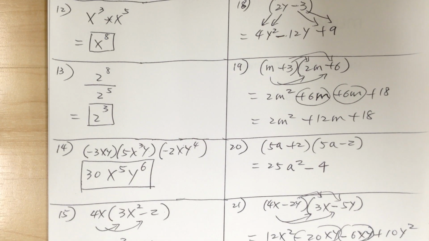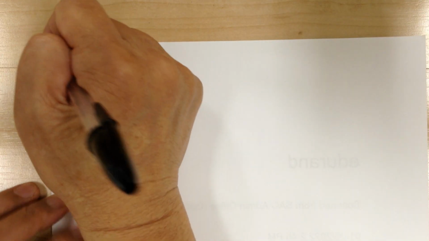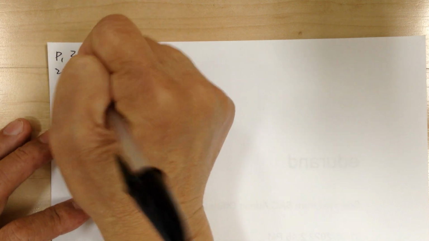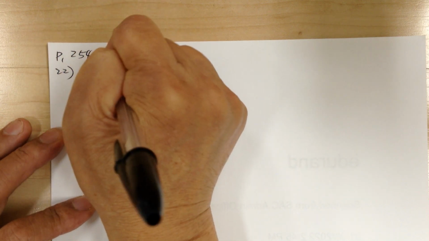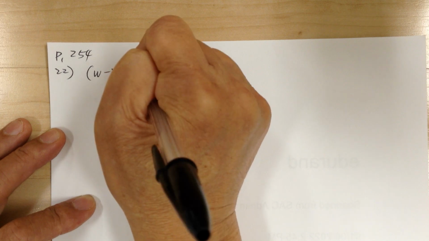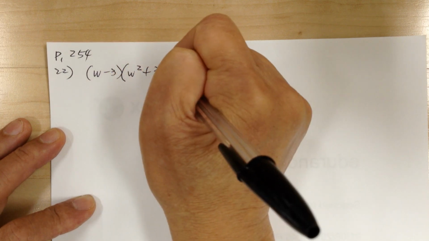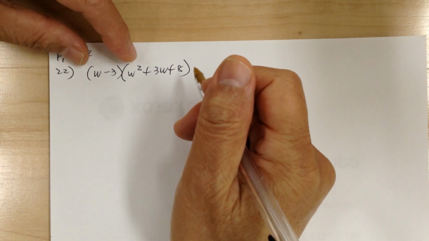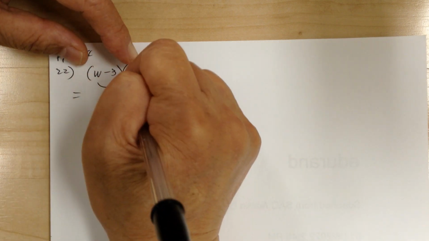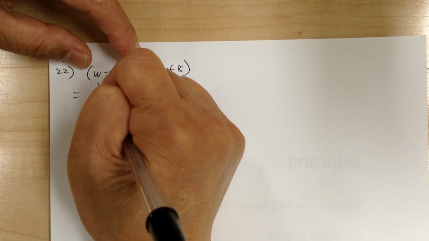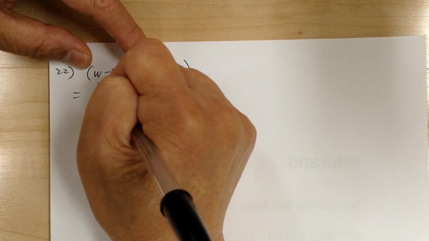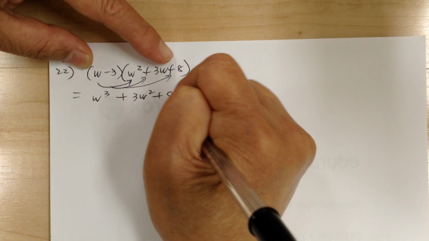Okay, let's go to 22. So you got w minus 3 times w squared plus 3w plus 8. So for this you have to use the distributive property. So distribute, so you get w cubed plus 3w squared plus 8w.